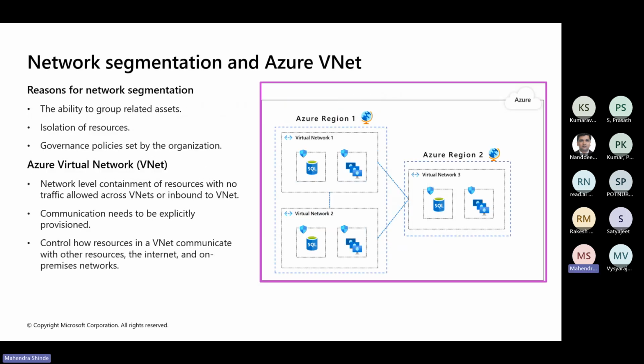Now, whichever kind of firewall you use, a typical way to map all these services across a region is via VNet peering or VNet connection. This is called network segmentation. You have multiple virtual networks, or multiple networks in multiple Azure regions.